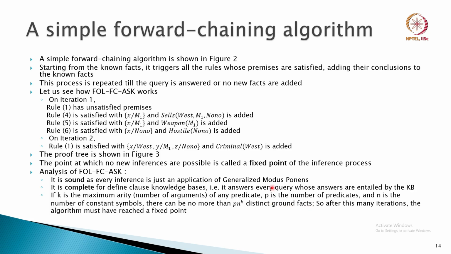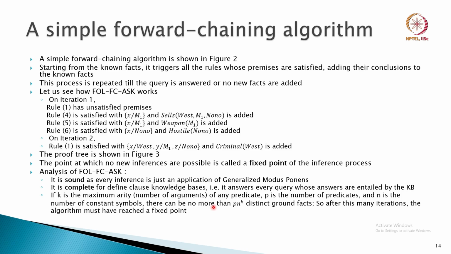So those are the number of facts which can be inferred from that maximum number of facts. So you can see that once you reach that level, there is no need to go any further. You can stop the iteration at that point in time.